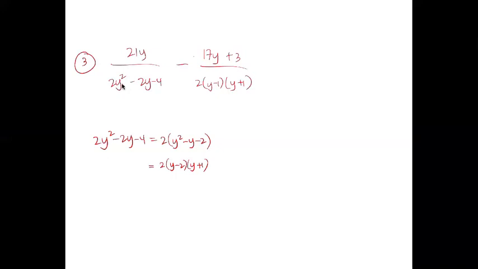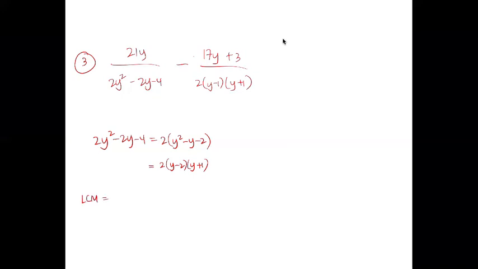So this guy here, 2y squared minus 2y minus 4, can be factored into 2 times (y minus 2)(y plus 1). The other expression is already in factored form, so we can easily see what the LCM is.